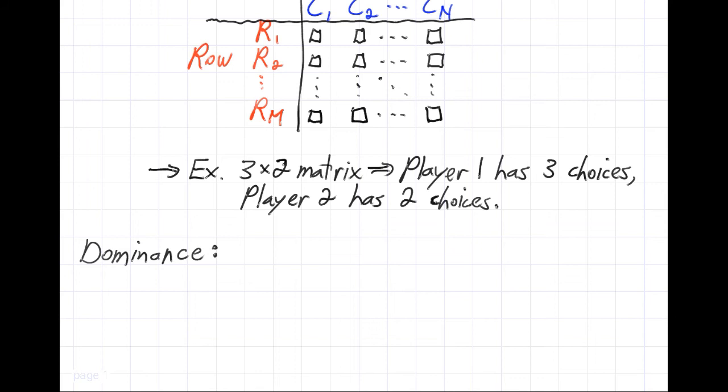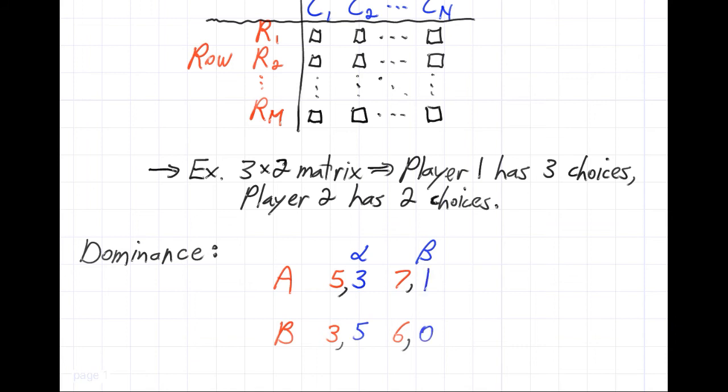Let's say we have 2 players, and the one player, the row player, has strategies A and B, and the column player, let's say they have strategies alpha and beta. Now let's say in this payoff matrix, the payoffs for the row player are 5, 3, 7, and 6. And the payoffs for the column player are 3, 5, 1, and 0.